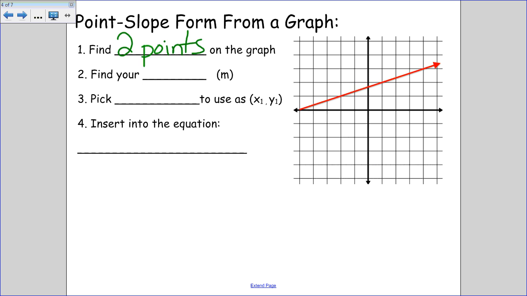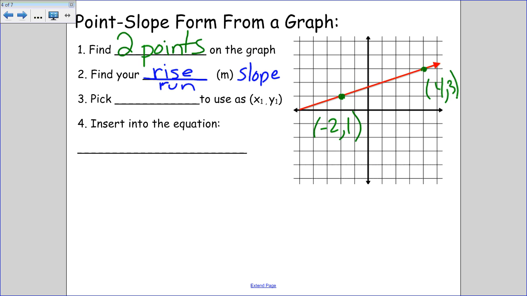Okay, so I see one here at the point -2, 1, and I see another point up here where it is 4, 3. Okay, so I picked 2 points on the graph. The next thing I need to do is find my rise over my run, which is our m, or our slope.